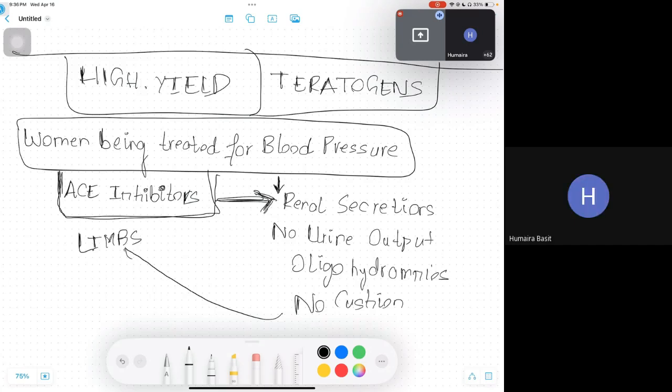The limbs and the lungs both need amniotic fluid to form. So when there is no amniotic fluid present and there is oligohydramnios, it will lead to pulmonary hypoplasia. It will lead to problems of the limbs, and it will lead to renal failure. So that is how Potter sequence occurs, and you need to remember that.